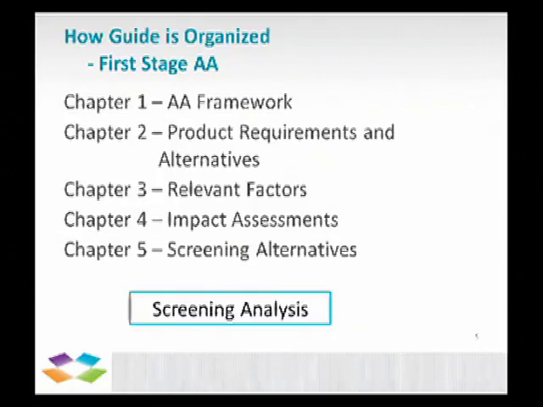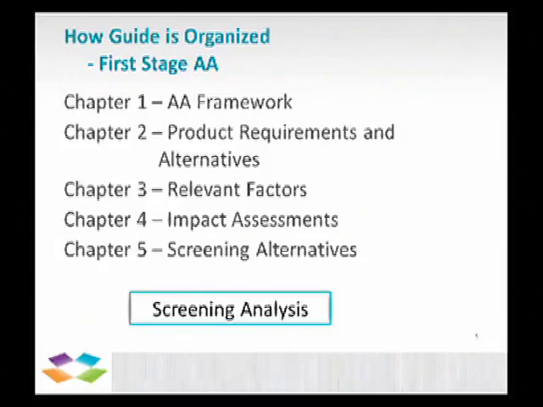The guide is organized according to important topics related to the conduct of the alternatives analysis. The chapters are ordered to roughly follow the steps outlined in the regulations, from identification of the product requirements to the identification of relevant factors, assessing the impacts, and ultimately the screening of alternatives.